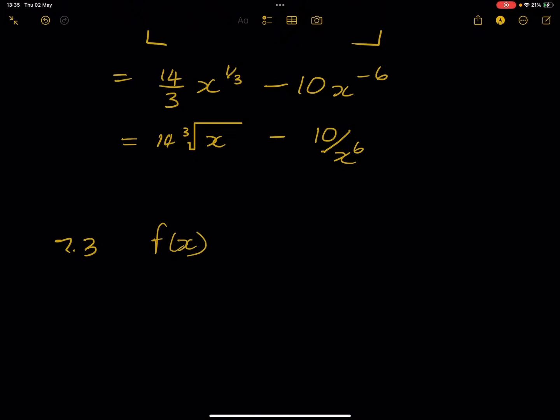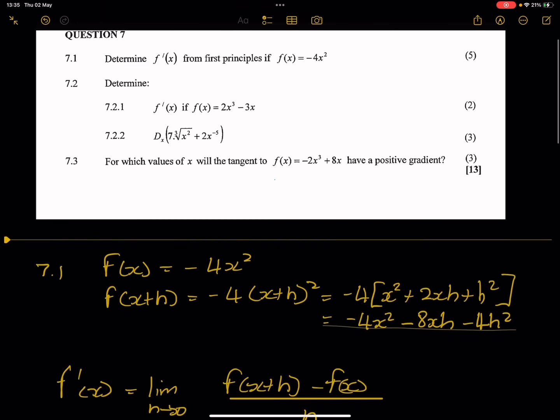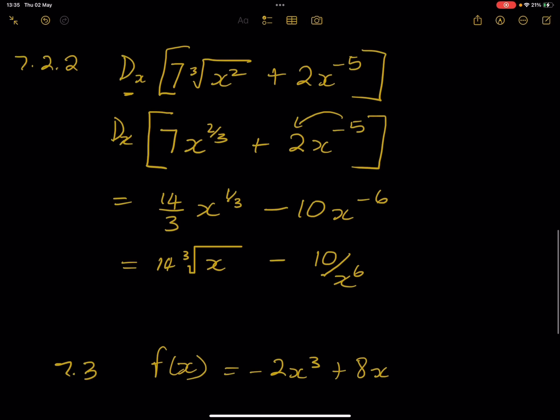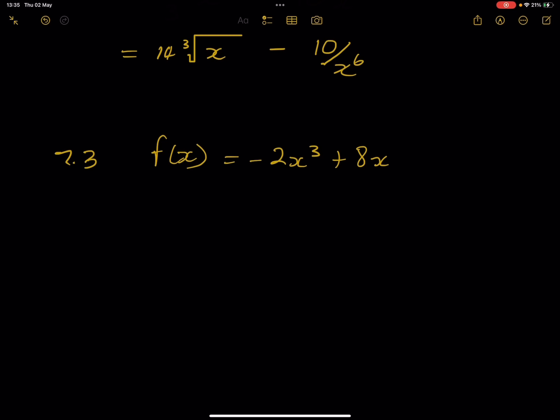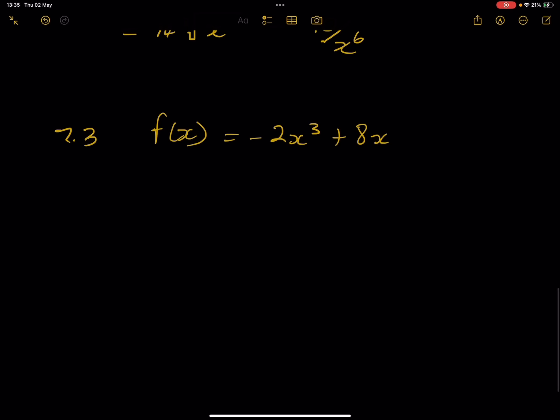So f of x is minus 2x cubed plus 8x. Am I correct? Yep, that is exactly what it is. Now notice, what type of a graph would this be? It would be a cubic function with a being less than 0. So that means that it has a minimum and a maximum.